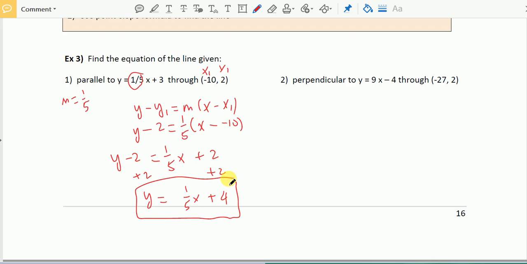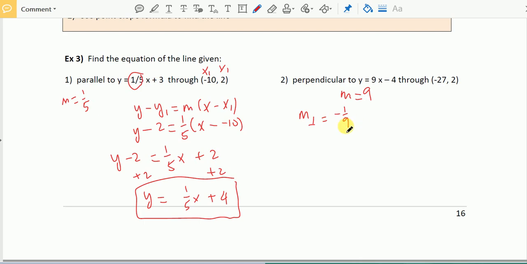And for this line we are given the point, and also they said that it's perpendicular to this line. Now this line has a slope of 9, but the line we are finding is perpendicular. That means it has a slope of the opposite reciprocal of that, or minus 1/9.